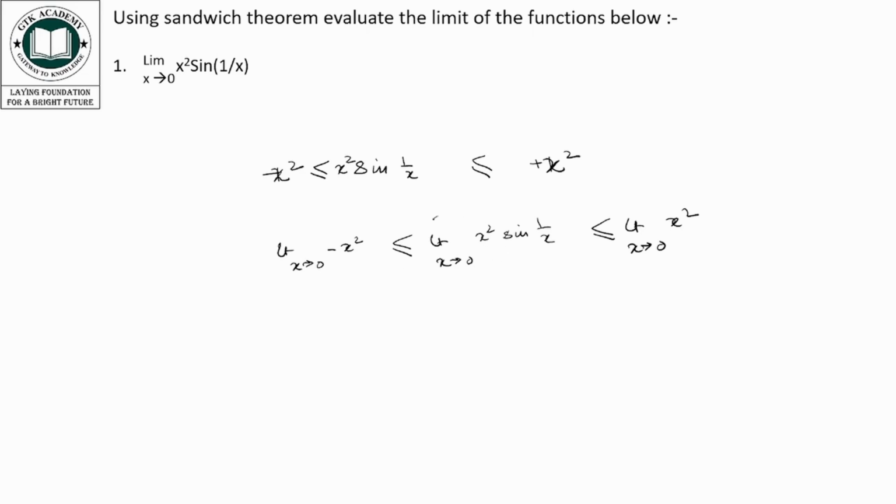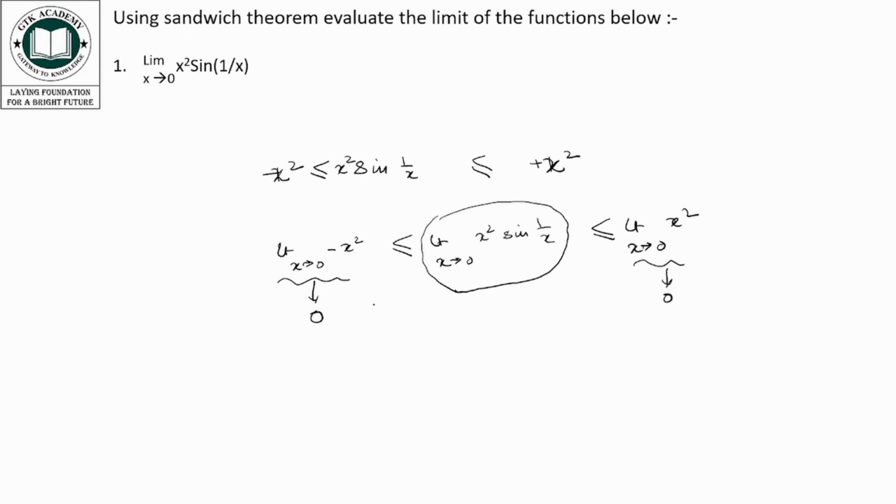Now we have to find this limit. This is our question. But by the sandwich theorem, if we are able to find both these limits and if they are equal, then the limit of the middle function will also be the same. Now this limit x tending to 0 of minus x square will be 0, and here also it will be 0 because you have to just put the value here.